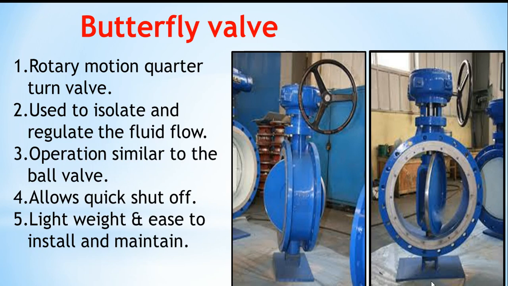It also allows quick action for our isolation purpose, but mainly it is very lightweight and it is easy to maintain. That is why this kind of valve is used for any industrial purpose relating to high pressure steam service delivery or for the cooling tower pipelines.